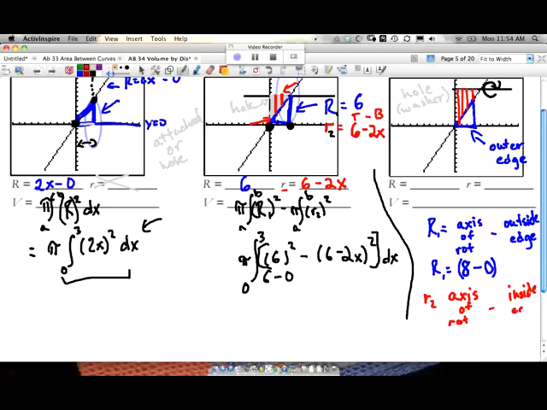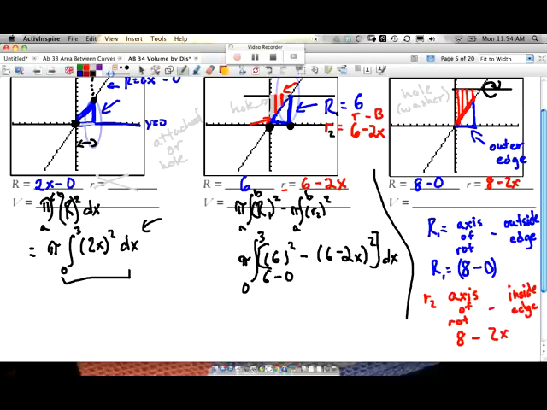And the inside edge is this part here on the hole. And what is that? That's actually a line, a function that we have there. So now we're going to have 8 minus that inside edge, which is 2x. So let's fill this in here. We have 8 minus 2x for little r. For big R, we're going to have 8 minus 0.